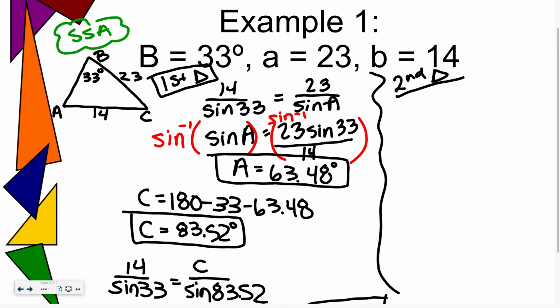So if you want to search for a second triangle, you just go back to the very first angle that you found. That's the only thing you could have found, right? And instead of saying that it's acute, which is what the calculator is always going to give you, find the obtuse version of that. So do 180 minus 63.48.